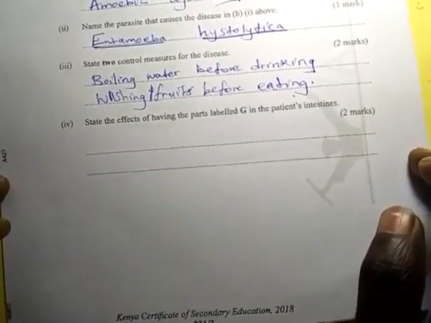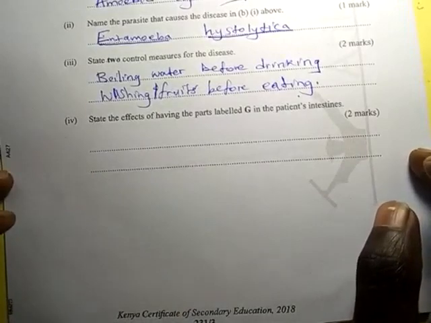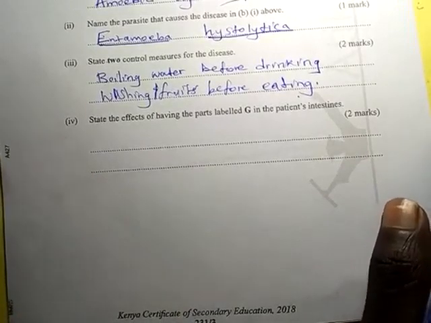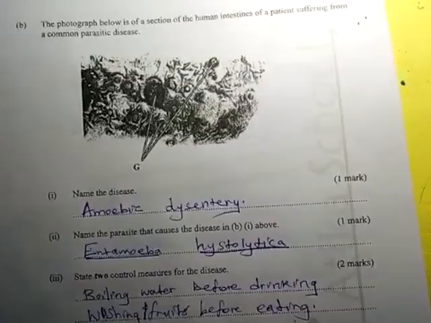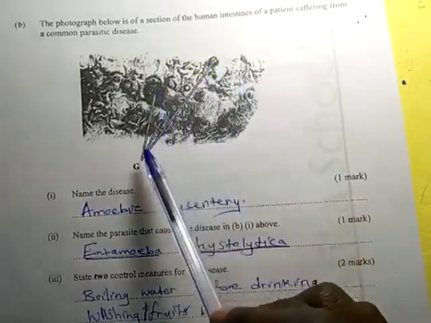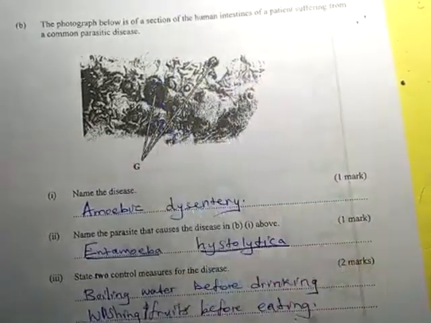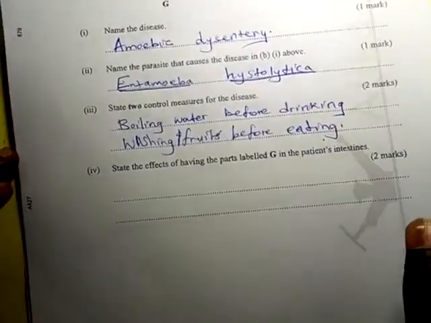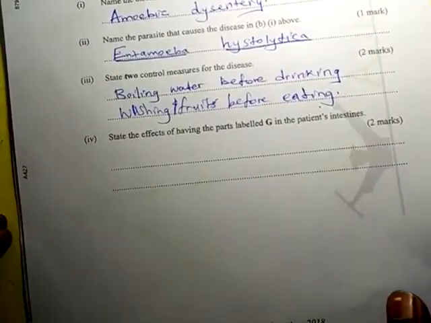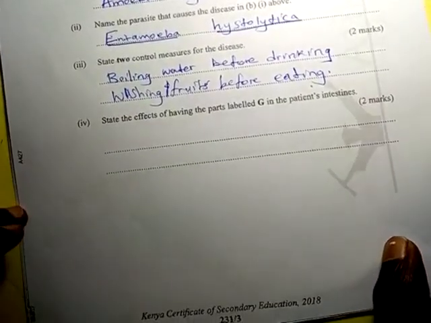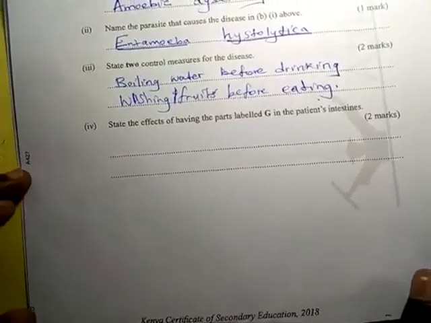State 2 effects of having the part labeled G in the patient's intestine. Part labeled G, these are the wounds in the stomach. The effect is that you'll have pain, especially during feeding.